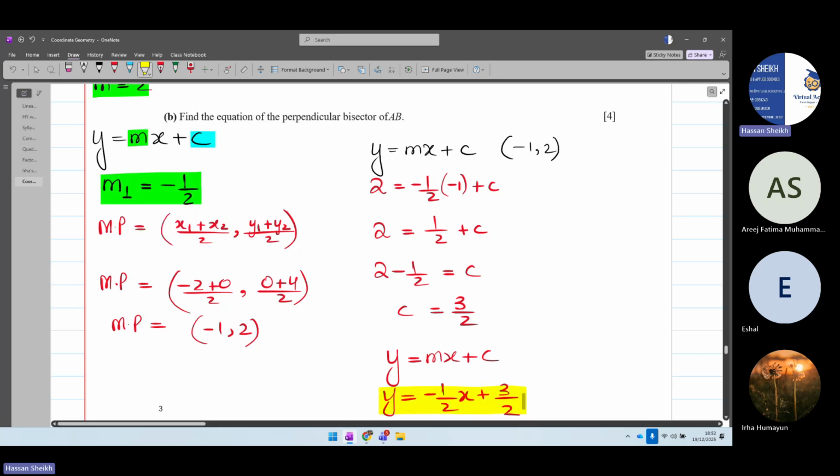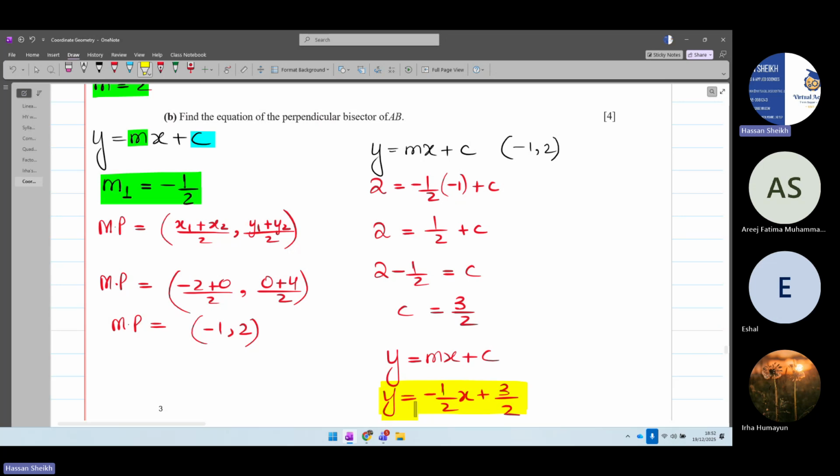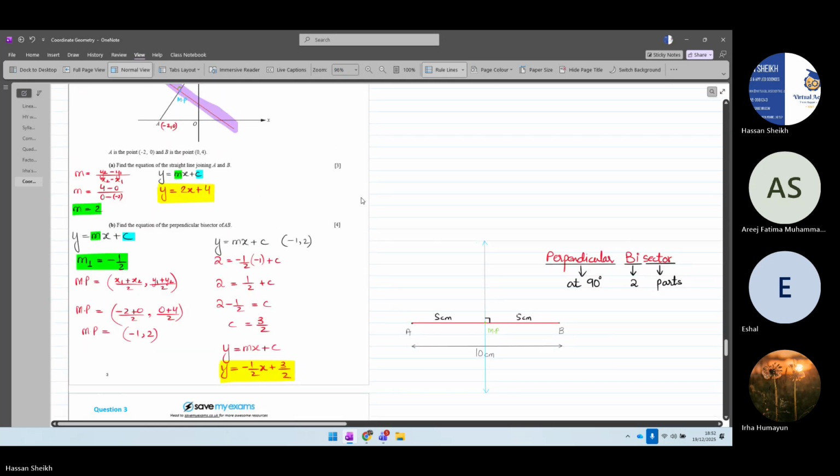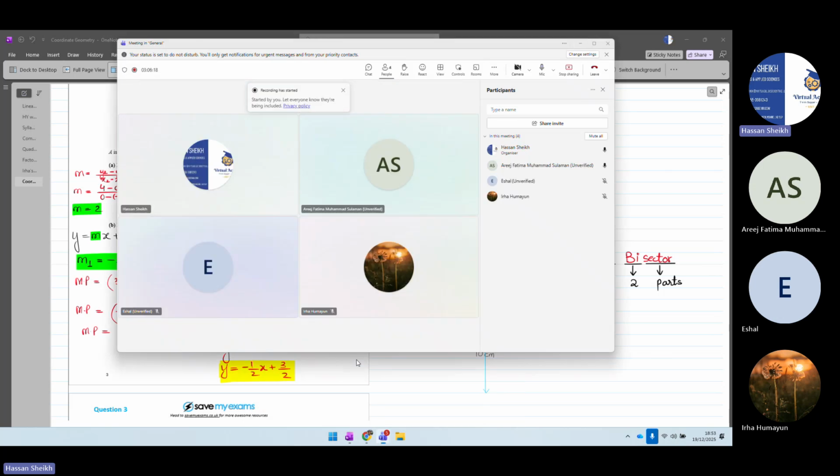That is how we find the equation of the perpendicular bisector. Now, do you understand what a perpendicular bisector is? Any doubts, girls?